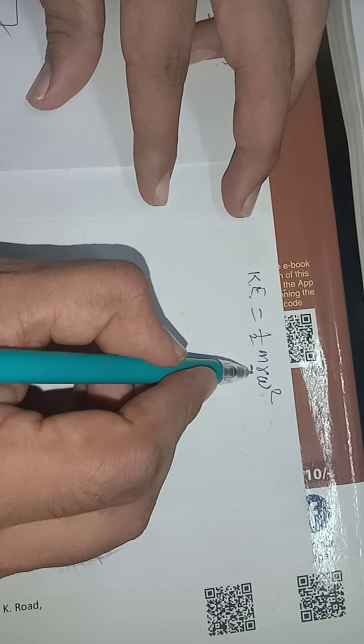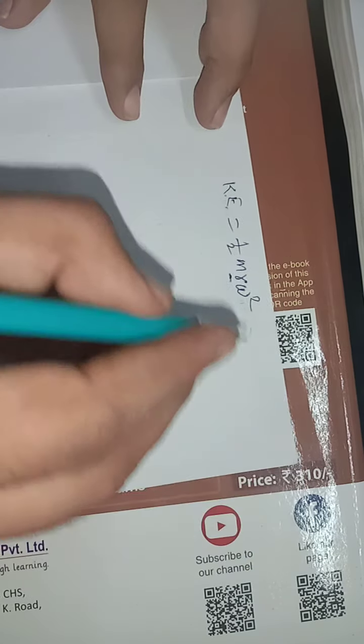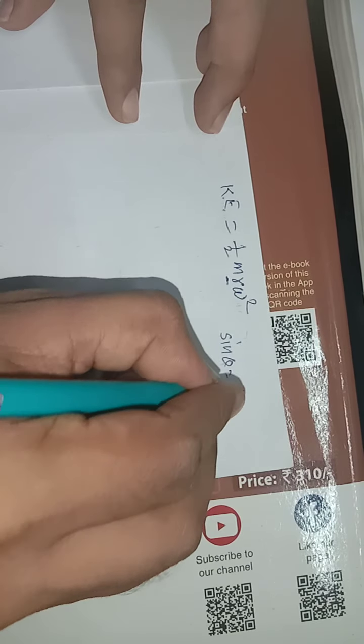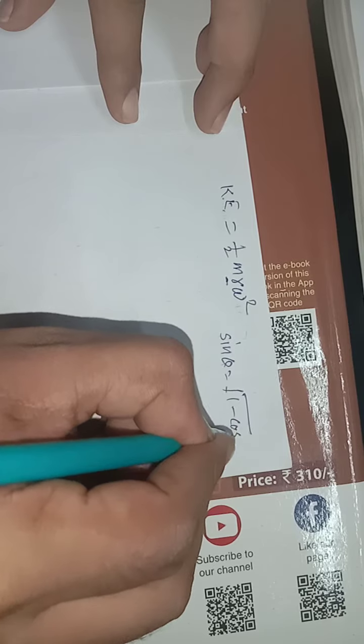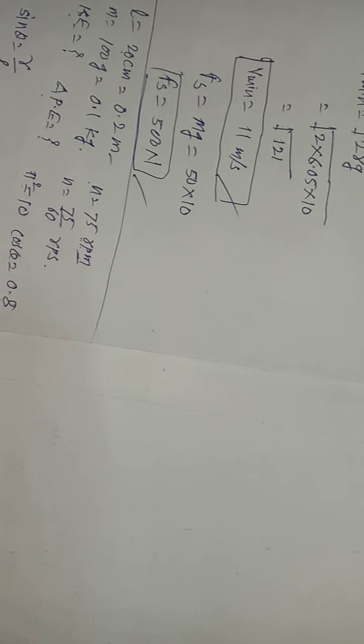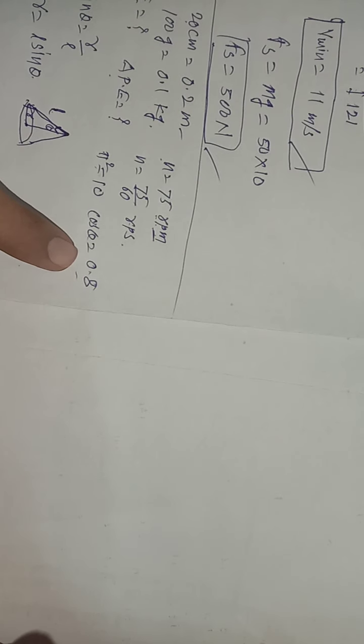But what about the magnitude of sin theta? We know the formula: sin theta is equal to under root 1 minus cos square theta, because cos theta is given here. Cos theta is equal to 0.8.